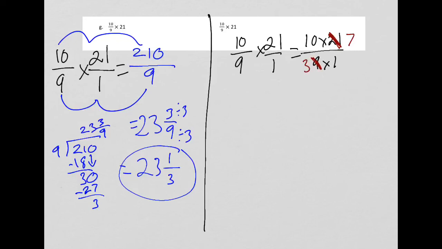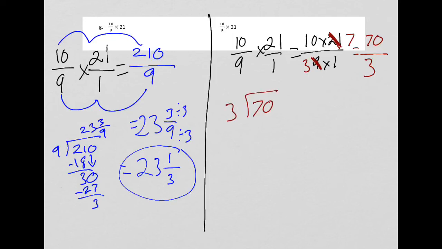So just like when you simplify, you have to do the same division to both your numerator and your denominator. So now I have 10 times 7, which gives me 70, and 3 times 1, which is 3. So I have 70/3, which I still need to do division here.